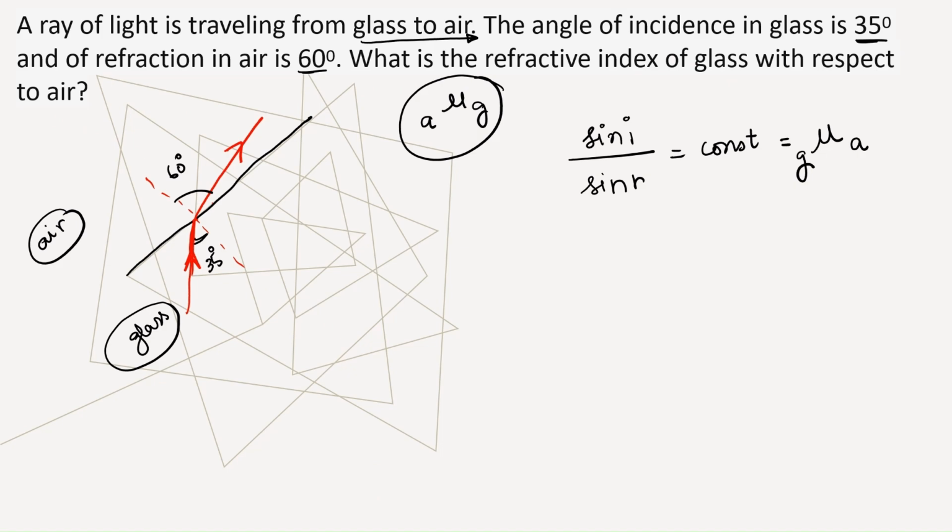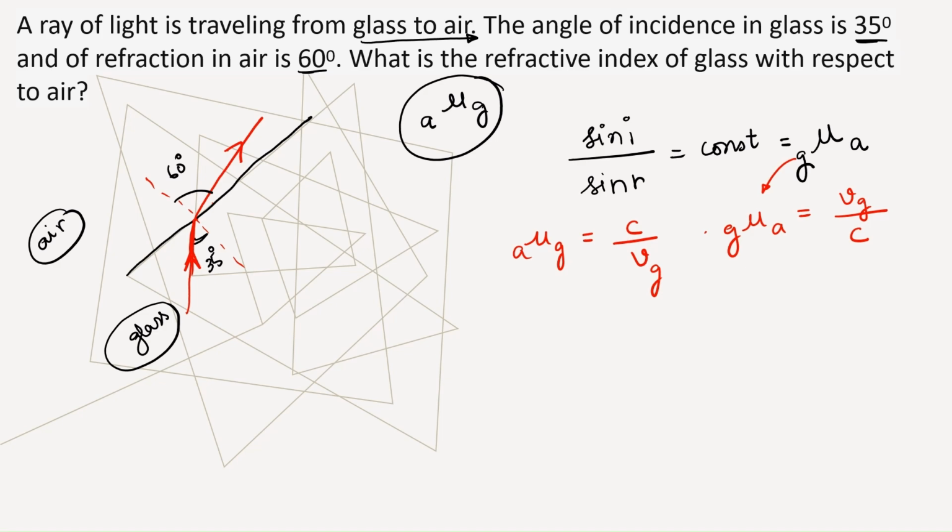Let us understand that. What is refractive index of glass with respect to air? That will be speed of light in air divided by speed of light in glass. Now what did we get? We got refractive index of air with respect to glass, this part. Now what that should be? Velocity in glass divided by velocity in air.